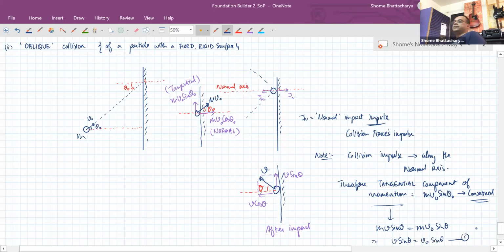Okay. And we can also see that in this diagram, the approach velocity is v naught cos theta naught. That is the normal or perpendicular component.